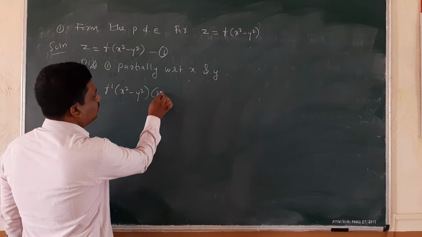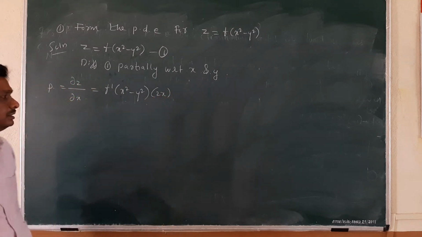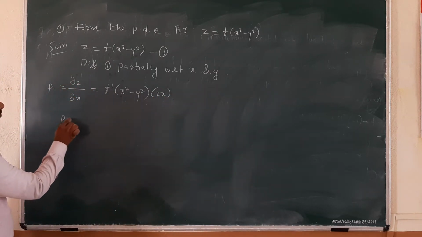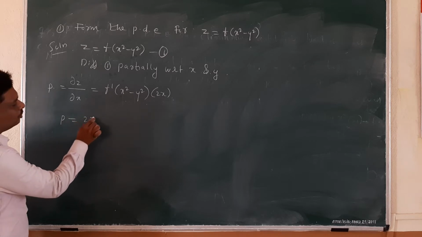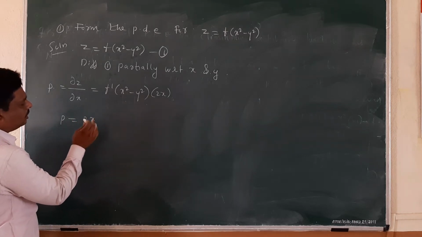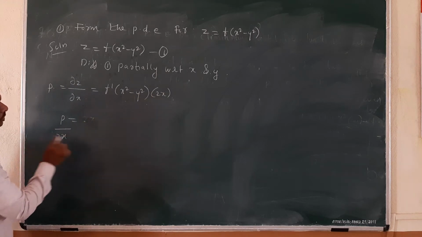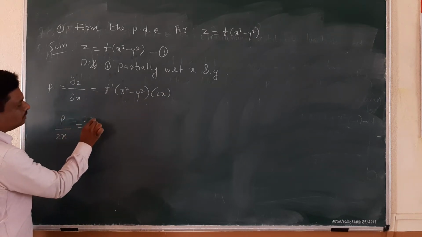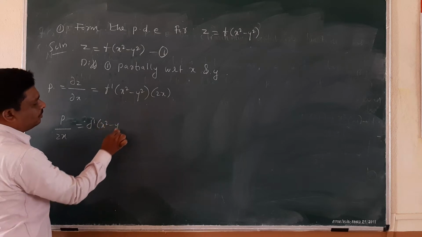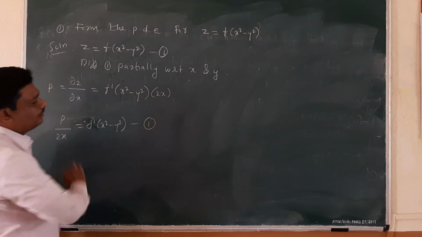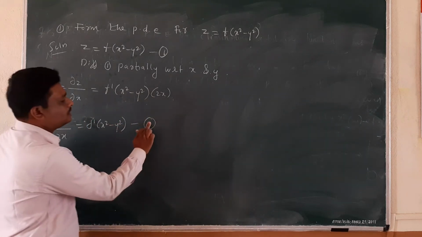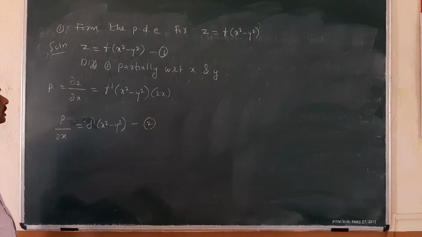So into 2x. This implies p is equal to 2x times f dash, or I will take this 2x to LHS. This is p upon 2x equal to f dash of x square minus y square. I will denote this as equation number 2.